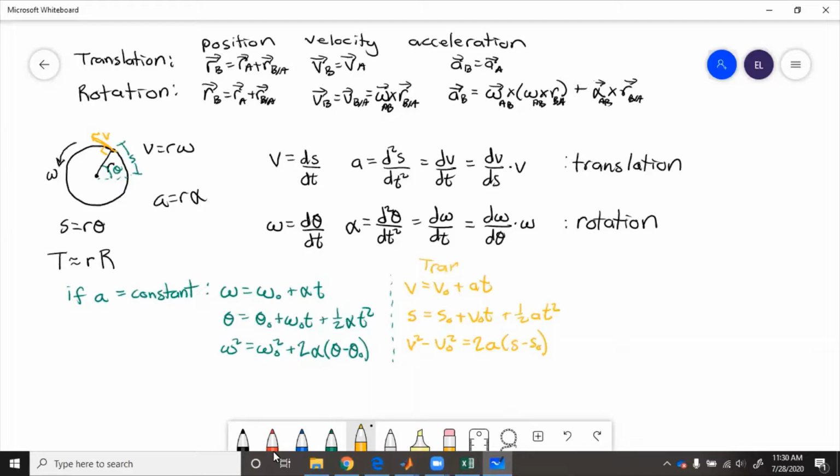This is translation, which we have covered before, and this is rotation, which we are covering now. So you remember to get these equations from the differential relationships, you just separate and integrate.